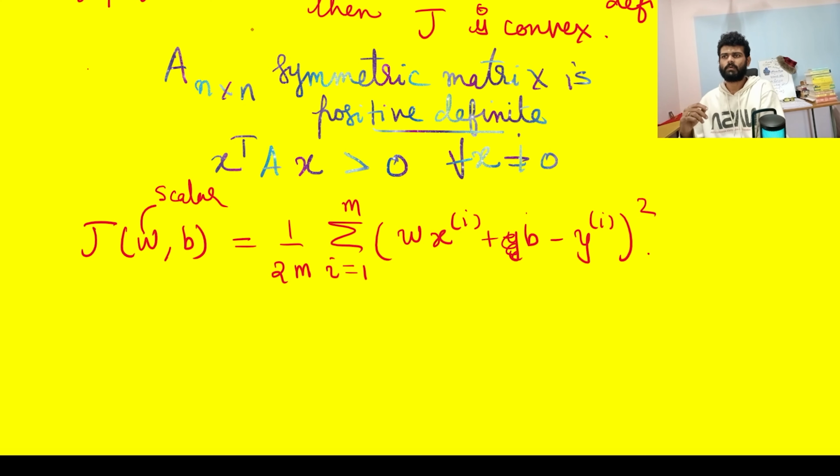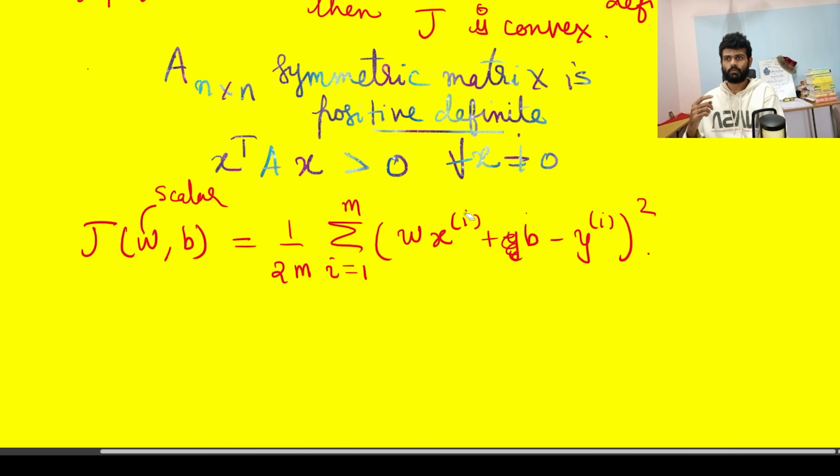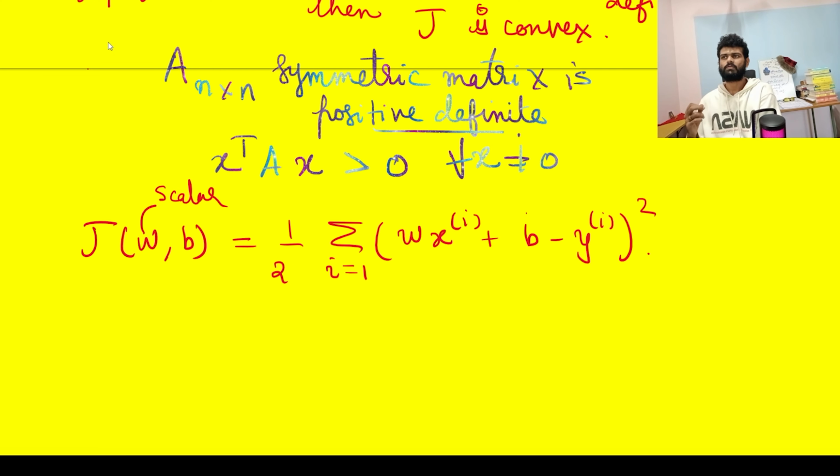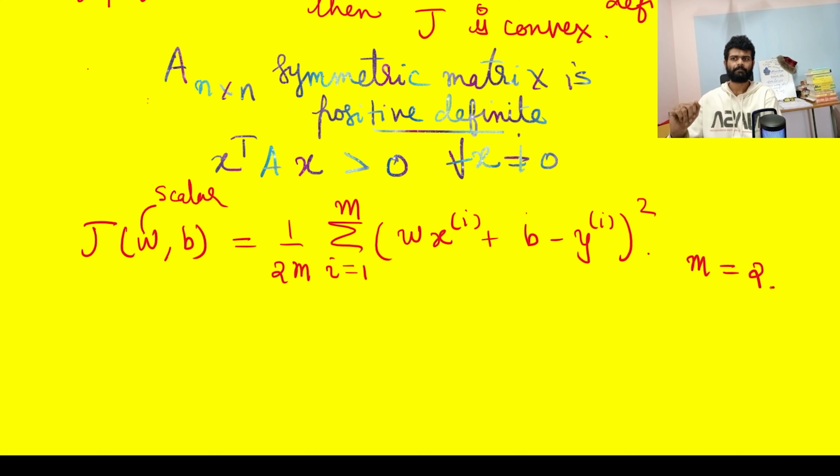Now, I'm also going to simplify a little bit here. So m will be 2. I'm just considering 2 data points, so I'm assuming that m is 2. That means I'm taking 2 inputs among all the n inputs.